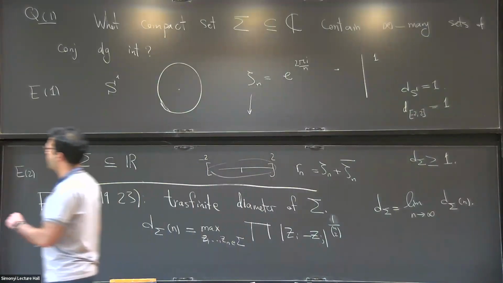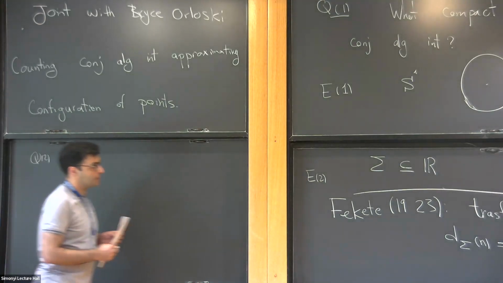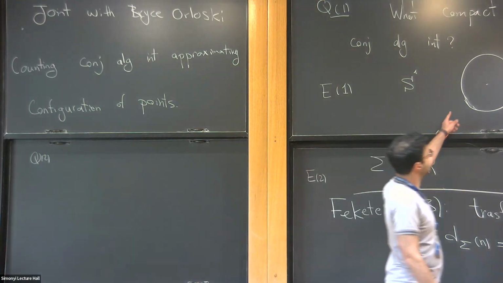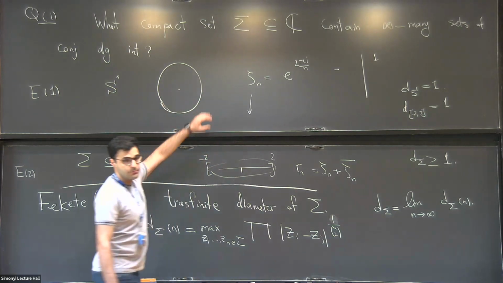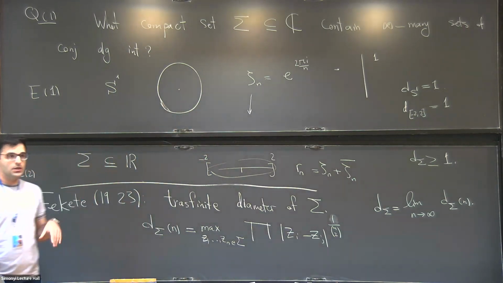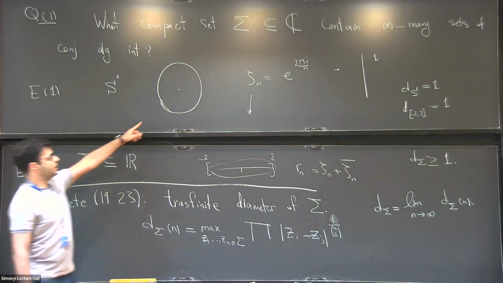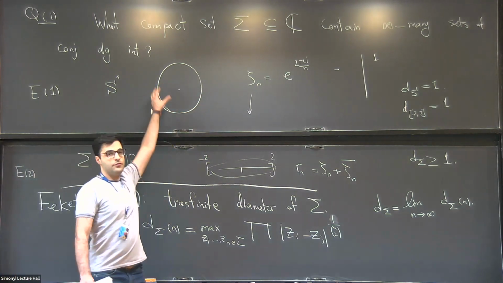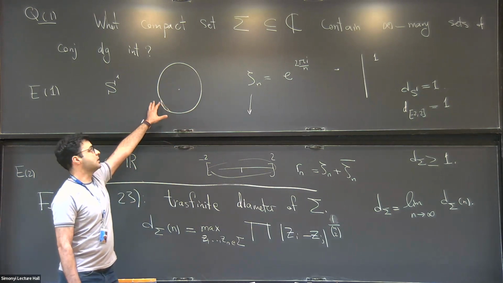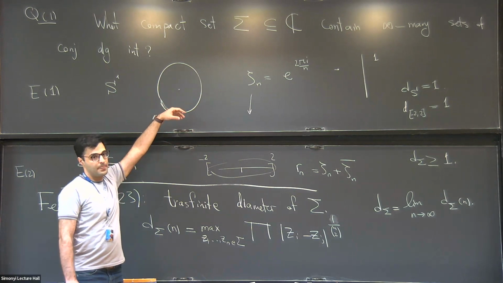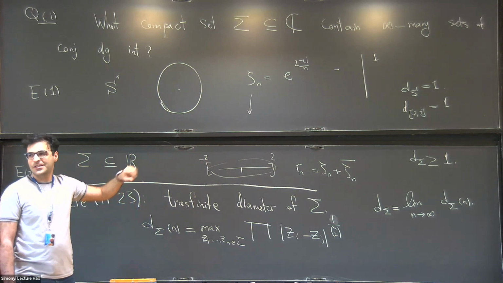So this is about question 1. Then I want to raise a different question. Let's say we have a set sigma which contains infinitely many conjugate algebraic integers. Then we are interested in how they're distributed inside sigma. For example, in this case, they're going to be uniformly distributed, and that's the only limiting measure that you achieve, by Kronecker's classical theorem.